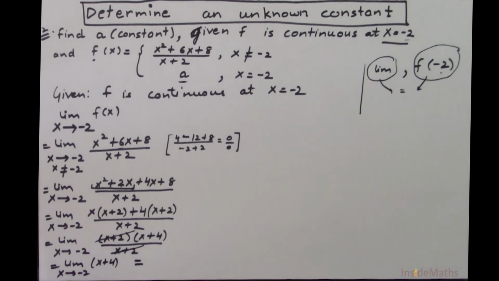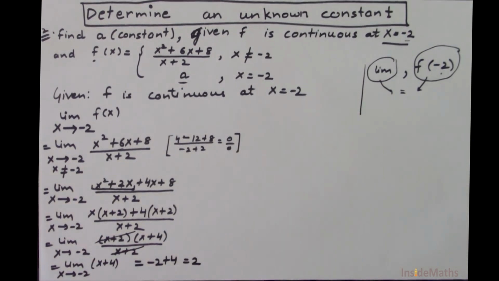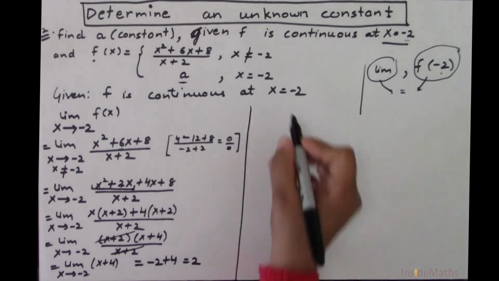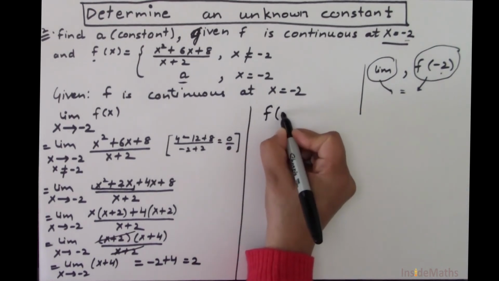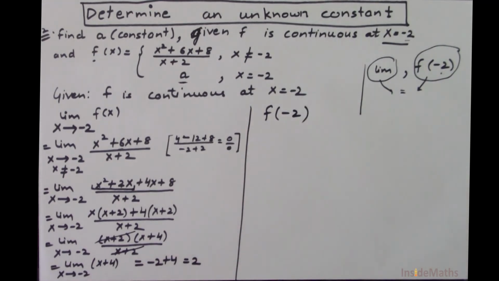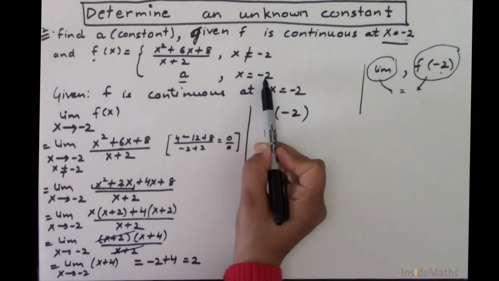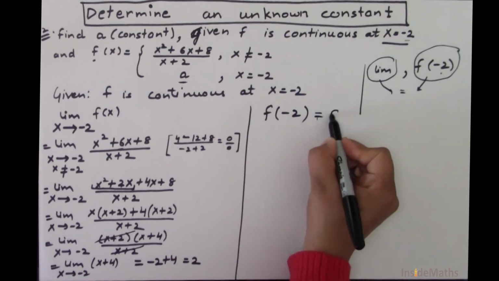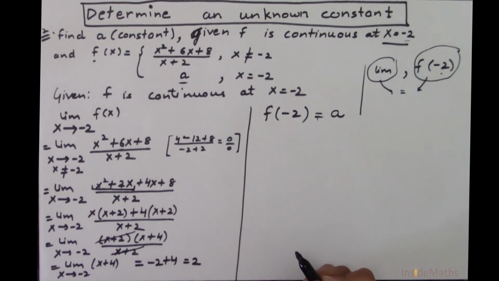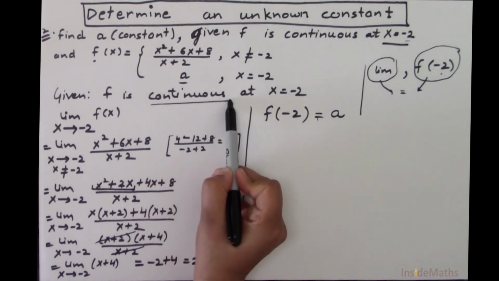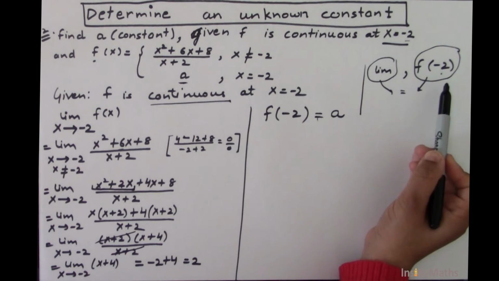Now here I can use the direct substitution method. So what do I get? Negative 2 plus 4. That means 2. That means the limit of this function is 2. Now I have to find the second part. That means I have to find f of negative 2. That means the value of the function when x is equal to negative 2. So it's given by a. Now we are given that the function is continuous. That means these two conditions are equal.